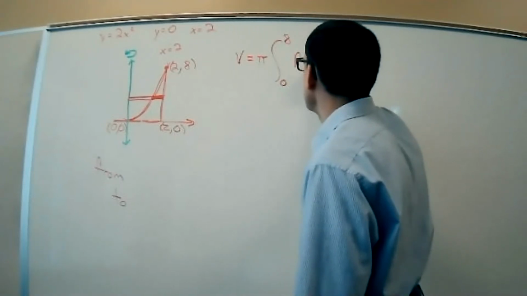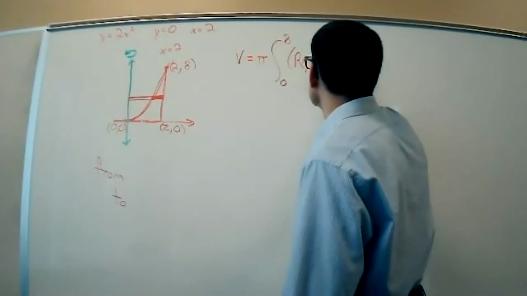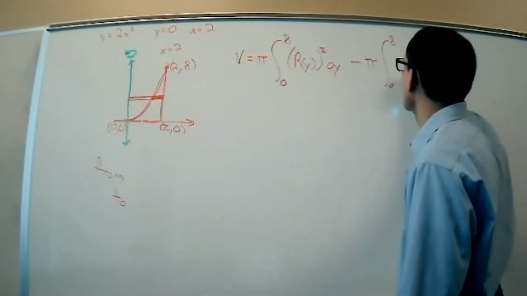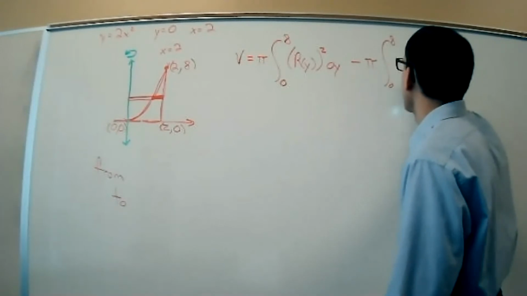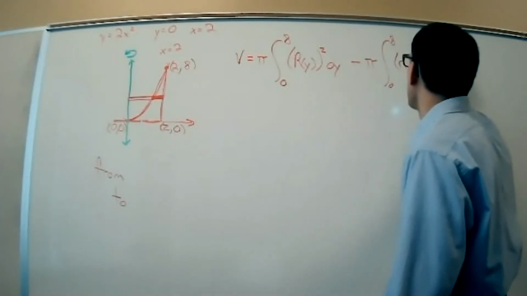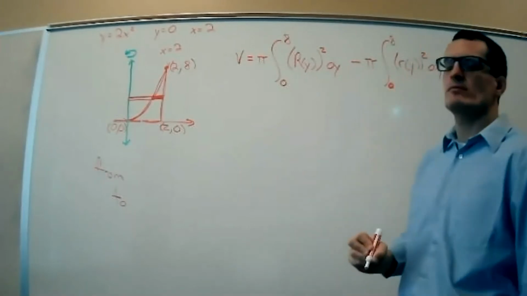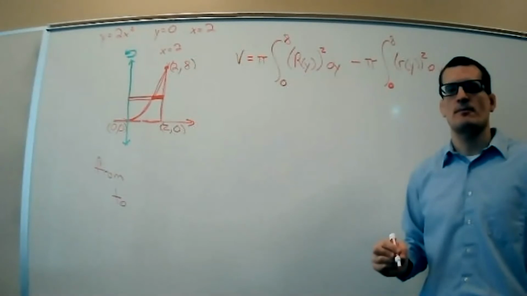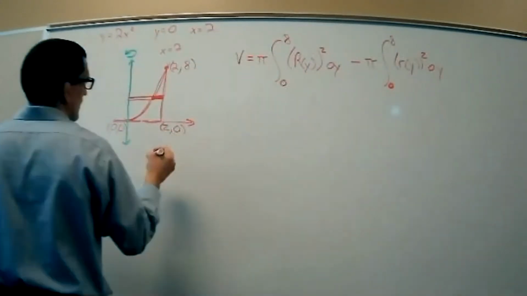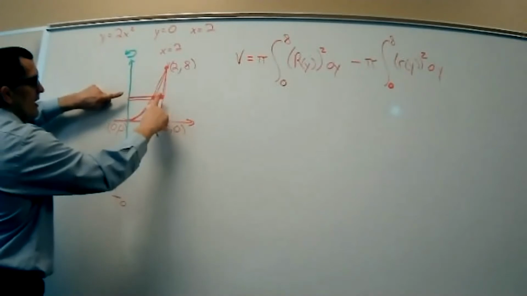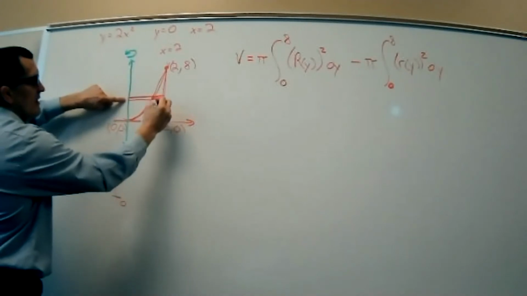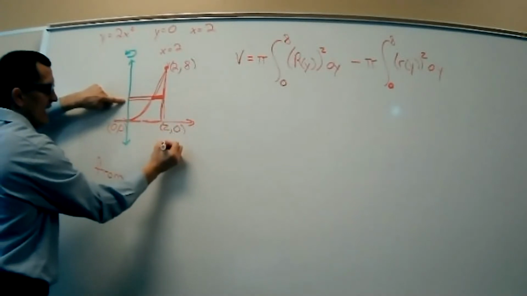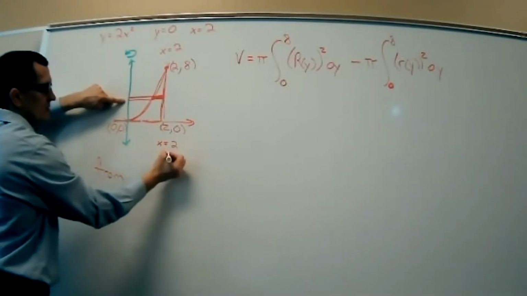Let me just write radius with respect to y right now. And so now we can figure out what the radius needs to be, or what the radii, I should say. There's two of them going out here. All right. So take the bigger rectangle. On the bigger rectangle, the end line here is the line x equals 2.